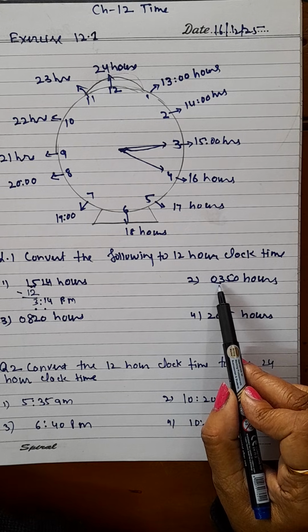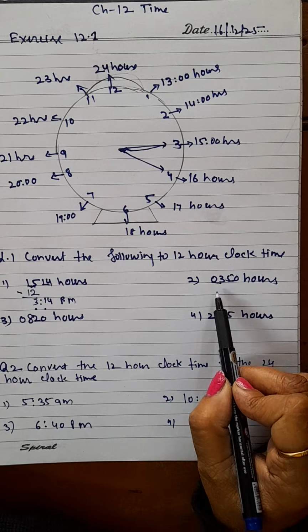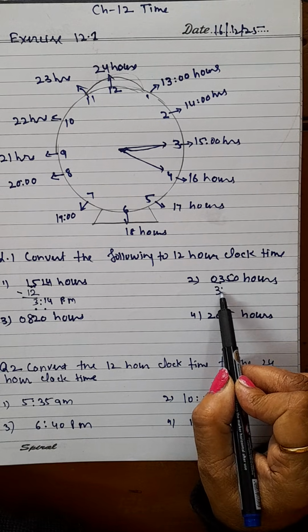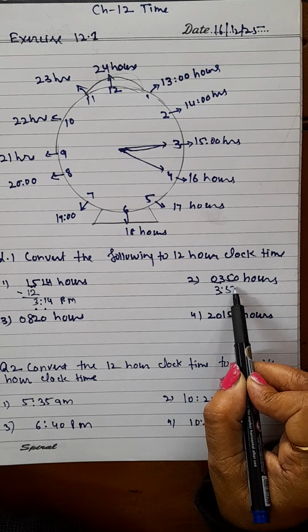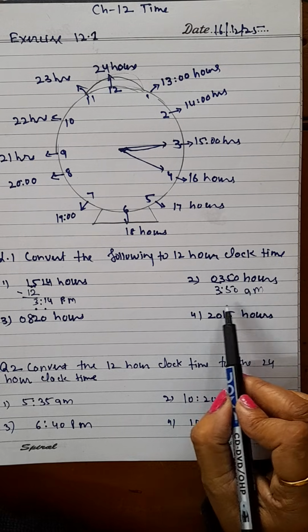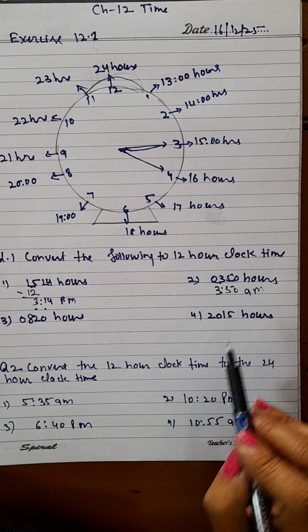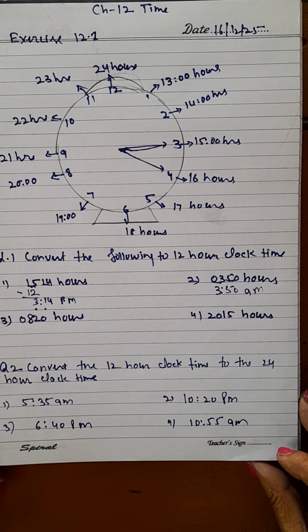Because this is less than 12, we will not subtract. Only what we will do is write 3, then a colon, and then 50. We will write this time in AM because this is the time before midday. So before midday we will always write AM.